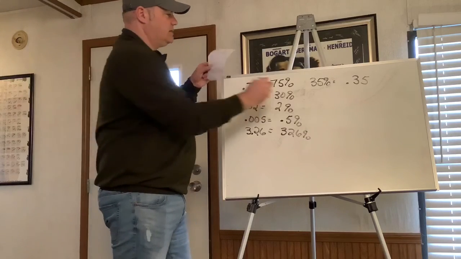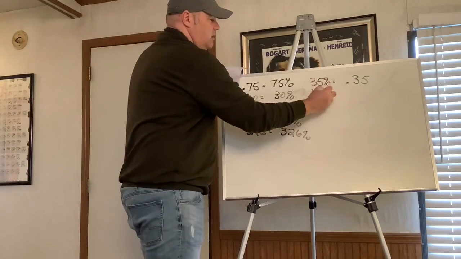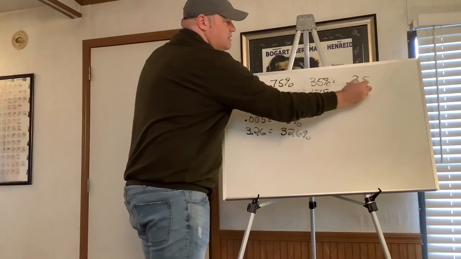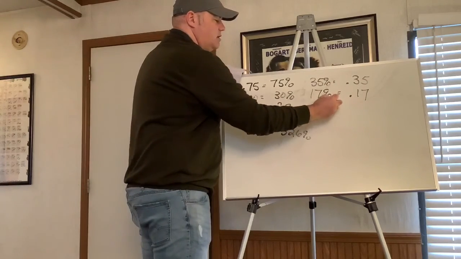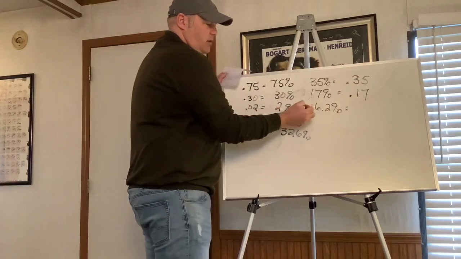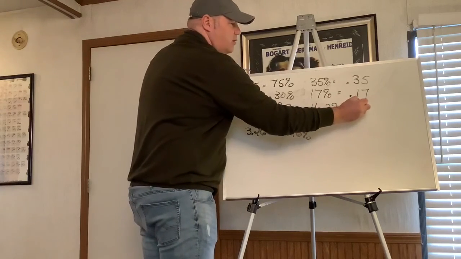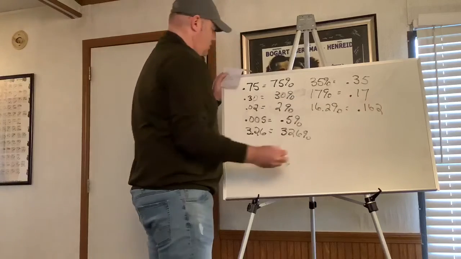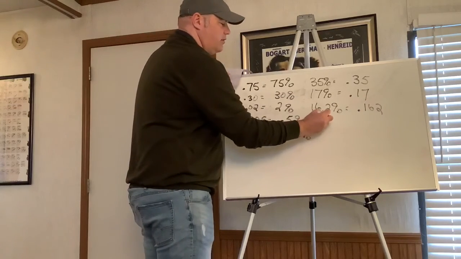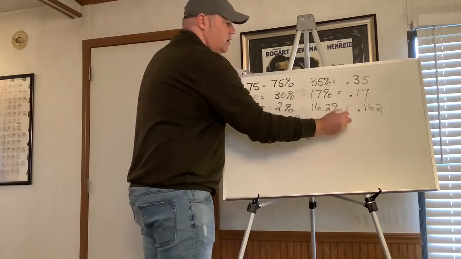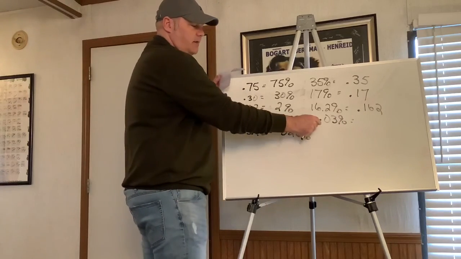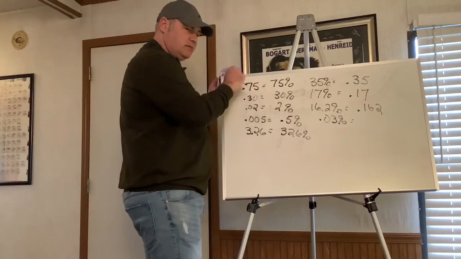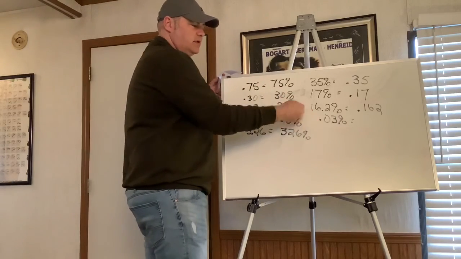Then you've got 17%, that becomes 0.17. 16.2%, move the decimal twice from where it already is, and it's 0.162. Then 0.03%. Now this one has a decimal here. We're not moving it to the right, that's when you're turning it into a percent. We're moving it to the left.